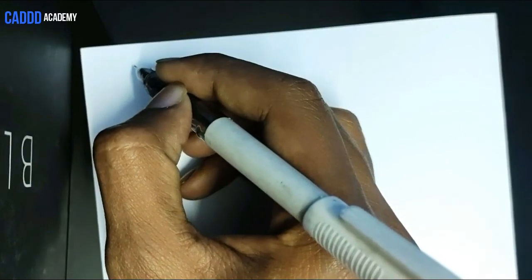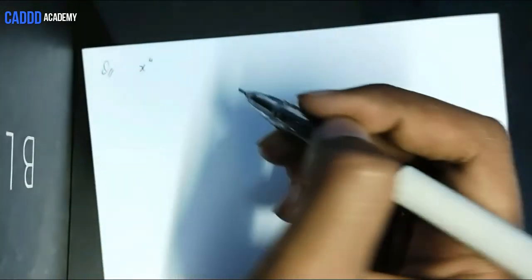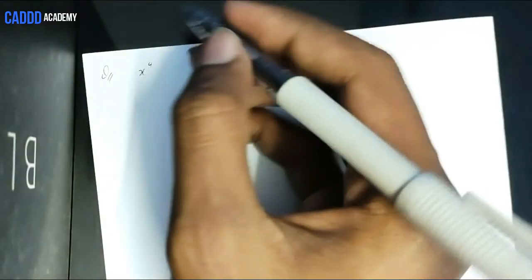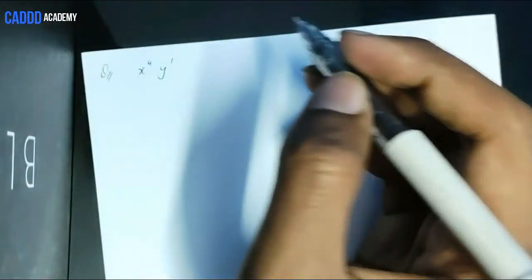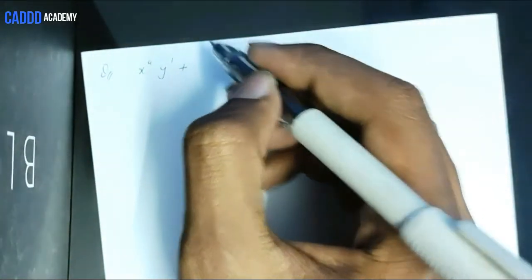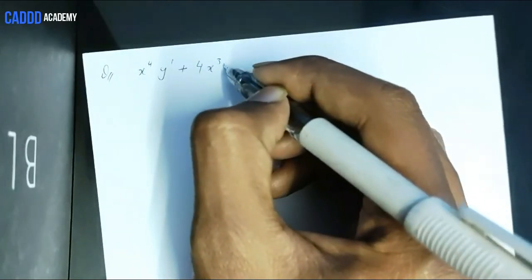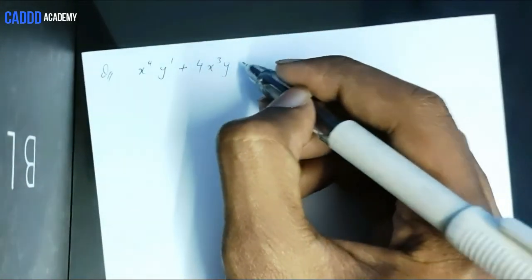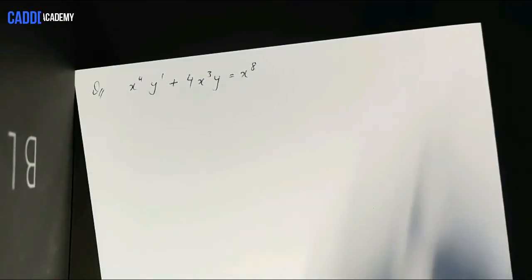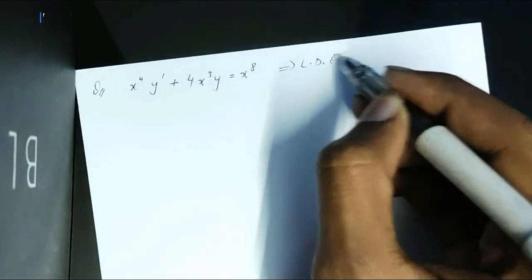Now I am taking a linear equation which is like x to the power 4 times y's differentiation plus 4x cube y is equal to x to the power 8. Okay, so this is the equation, and it is a linear differential equation.